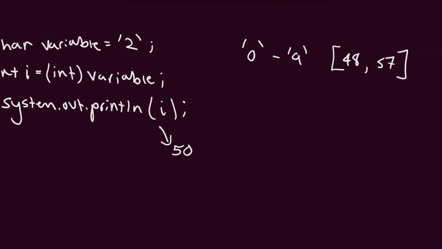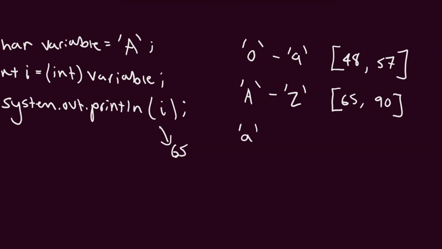Then for the uppercase letters, from A to Z, the numbers they represent are 65 to 90. So if you had A here instead, the number it would display would be 65. Okay, and then we have lowercase letters, a to z, and the numbers they represent are 97 to 122.